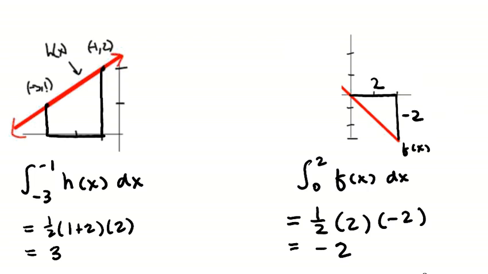But since f of 2 was -2, if we add these rectangles, the sum of f of x times delta x, f of x is negative. So the sum of f of x times delta x should be the sum of a bunch of negative numbers, which should be negative. Now we'll have plenty more discussion on this as time goes on.